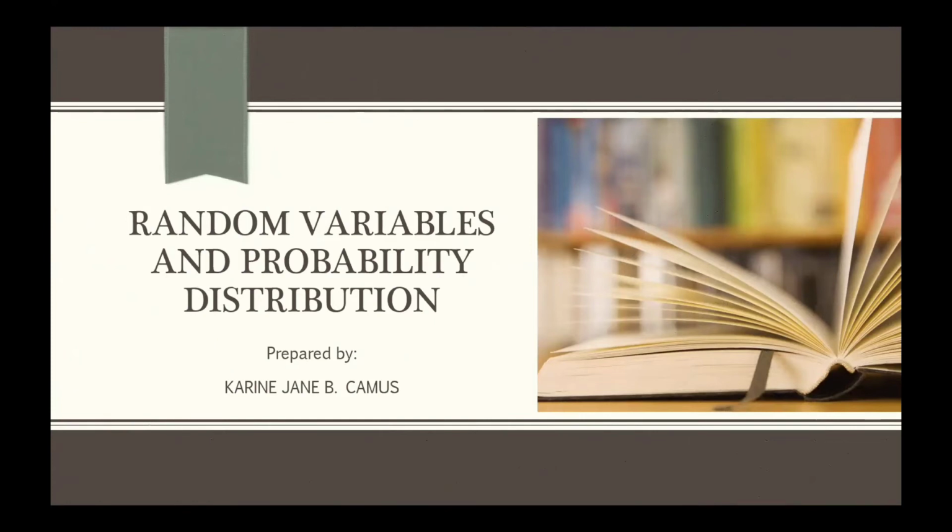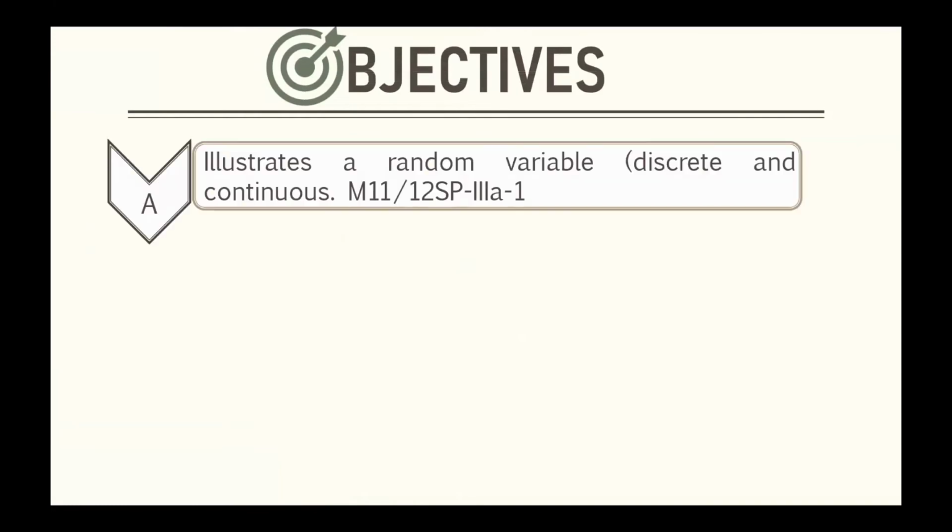I am so glad that you are here to join us in discussing the lesson in statistics and probability. Our lesson today is all about random variables and probability distribution. For the objectives, first, illustrates a random variable.